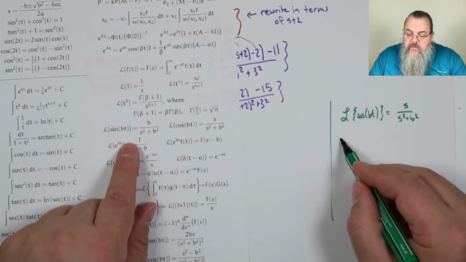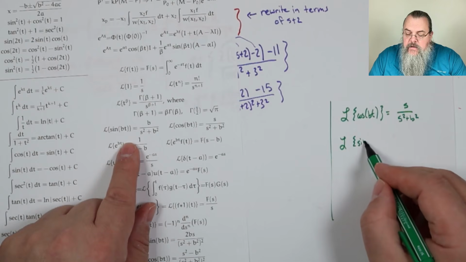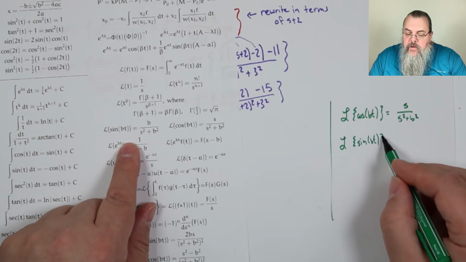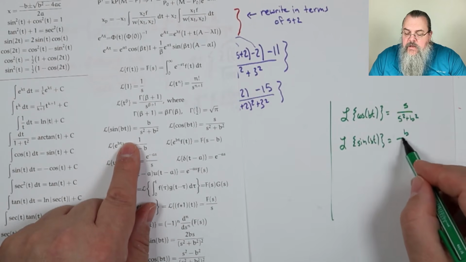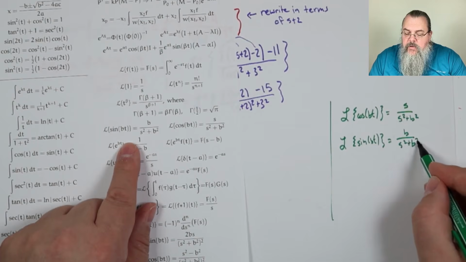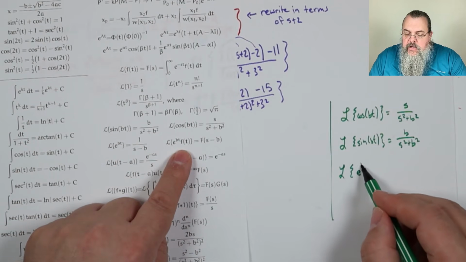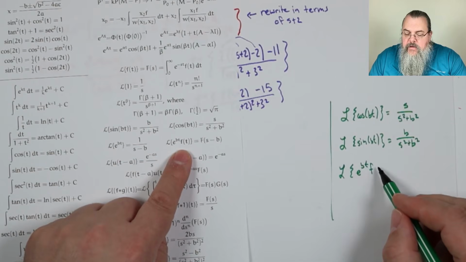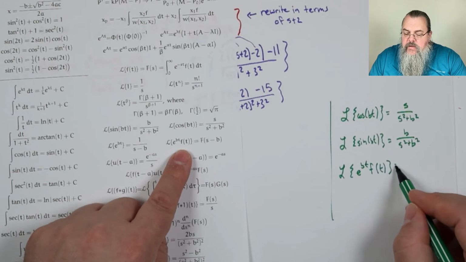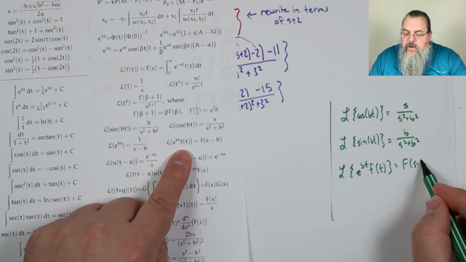The Laplace of sine of bt would be b over s squared plus b squared. And our shift formula, I'll write it down for reference: Laplace of e to the bt f of t is F of s minus b.